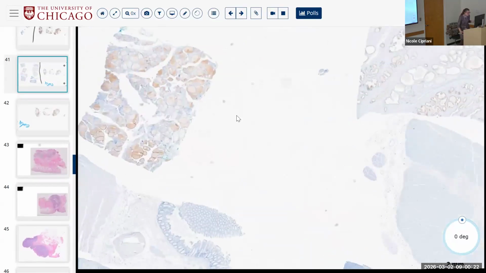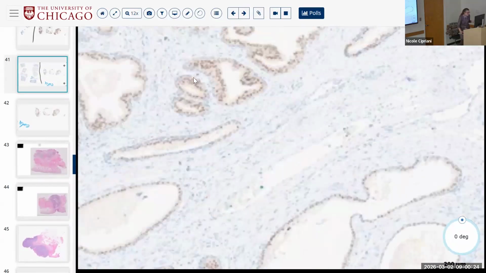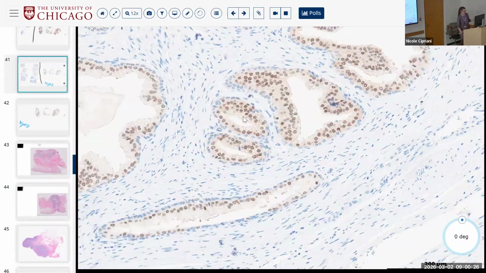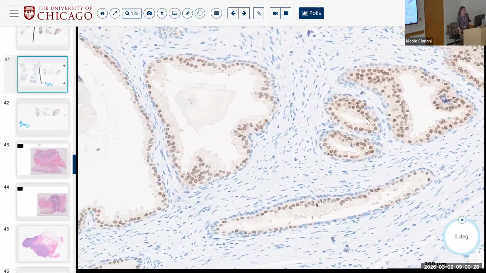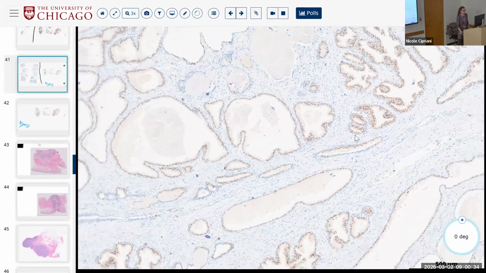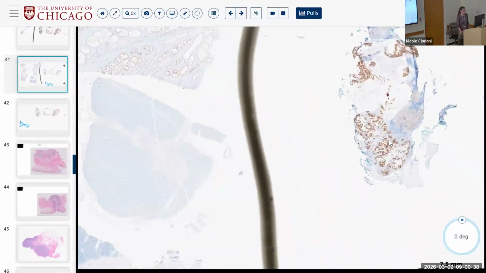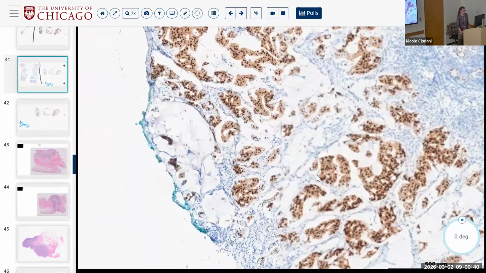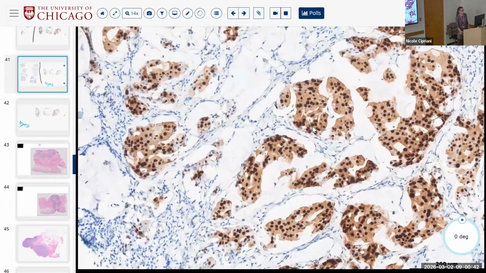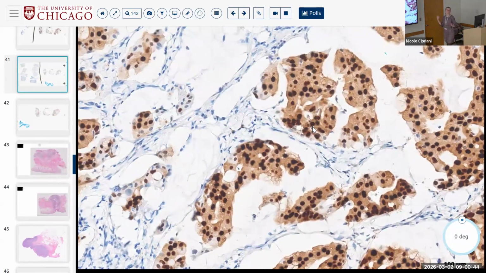No, this is what it is. So, what control tissue are we dealing with here? Prostate. Does anybody know what stain this tumor stains for that also stains prostate?